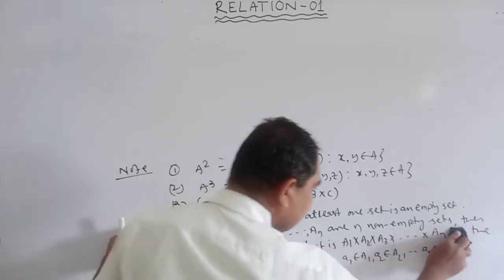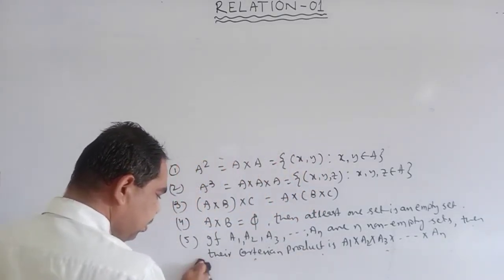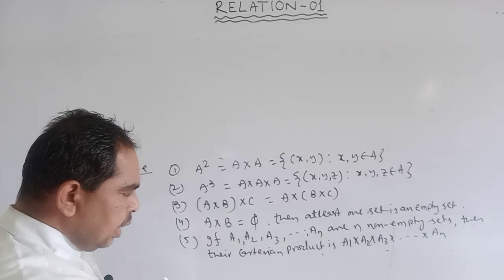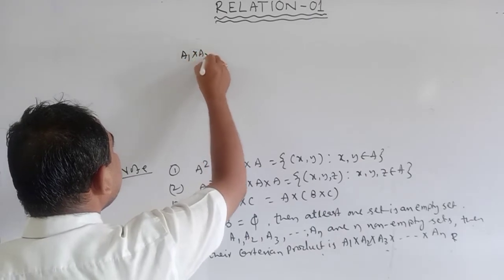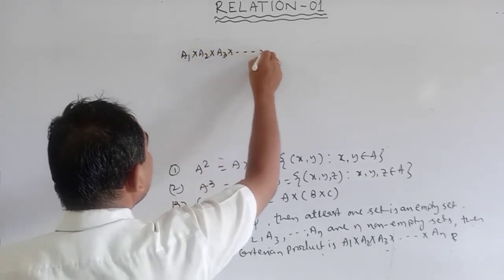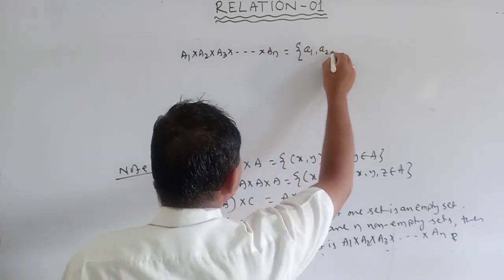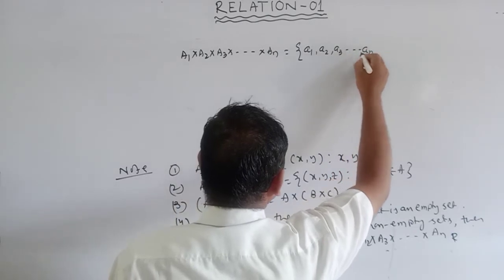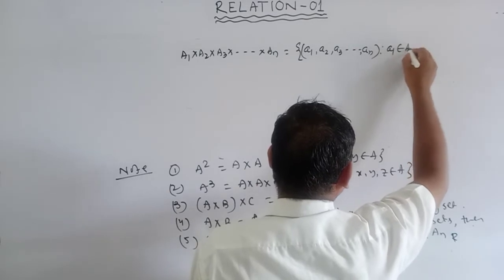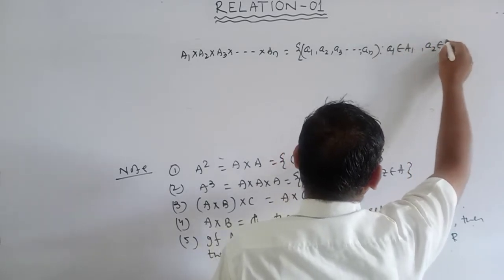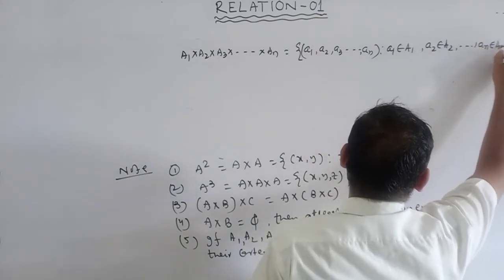This is the set, and A1 into A2 into A3 into An is equal to the set of (a1, a2, a3, up to an) such that a1 belongs to capital A1, a2 belongs to capital A2, an belongs to capital An.